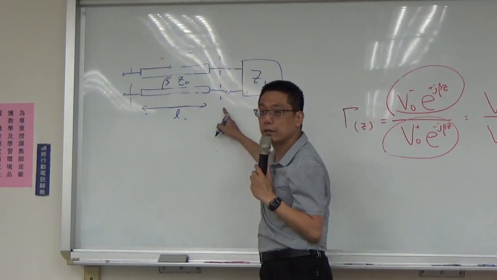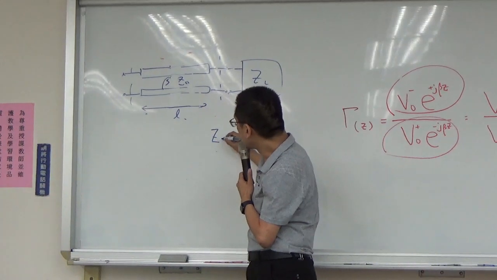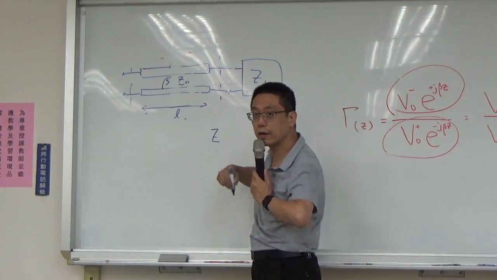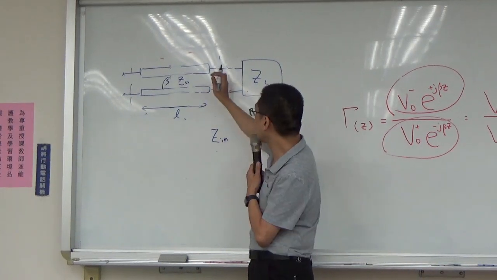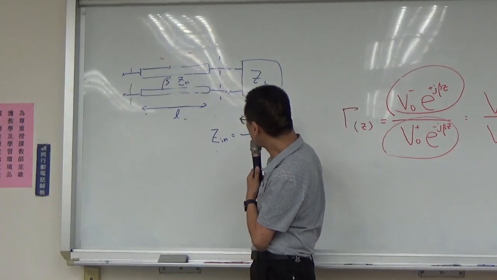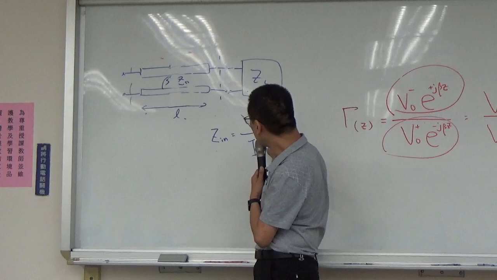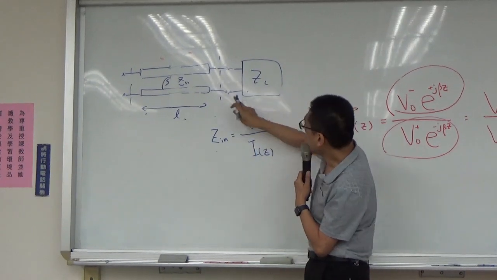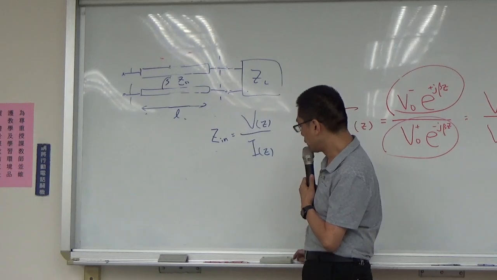At this position, let's define the input impedance Zin equals the total voltage over the total current, and at this position, Z equals 0.